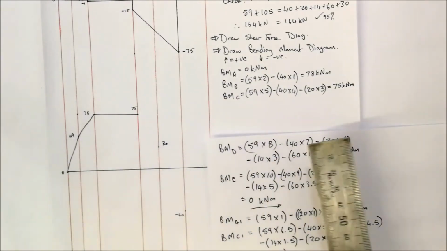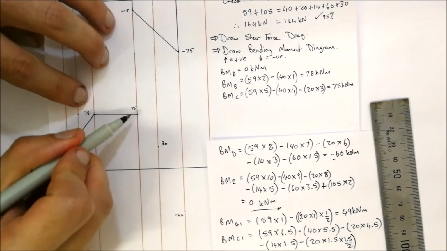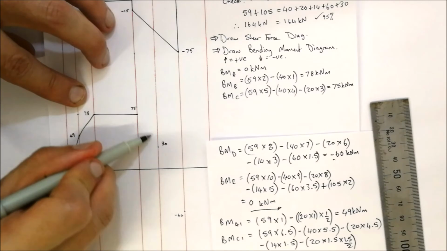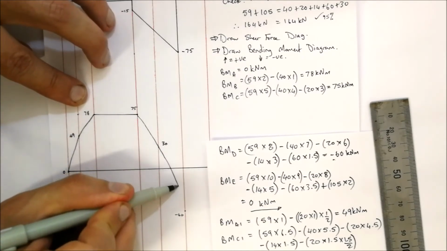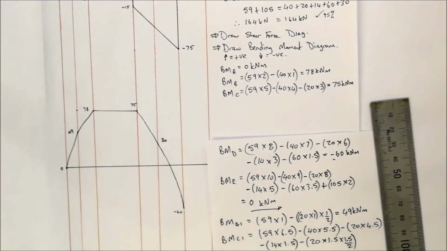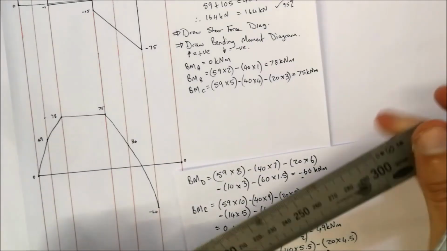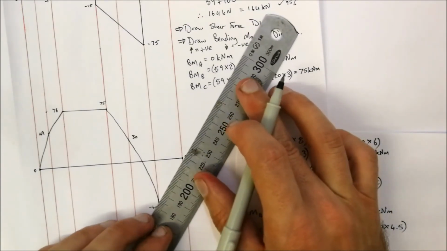So we're going to be doing a similar type of thing, by freehand, again just as accurately as possible. As such. Now between D and E, it's just normal forces, there's no distributed load, so we are able to draw a straight line between those 2 points.